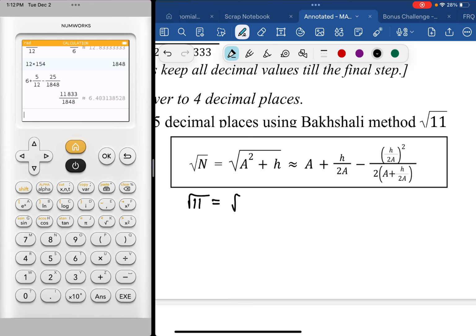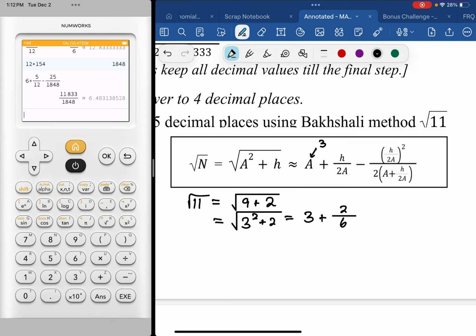So we're looking at 9 plus 2, which we could think of as 3 squared plus 2, which makes the a value 3, the h value 2, over 2a. So if the a value is 3, then 2 times 3 is going to be 6.